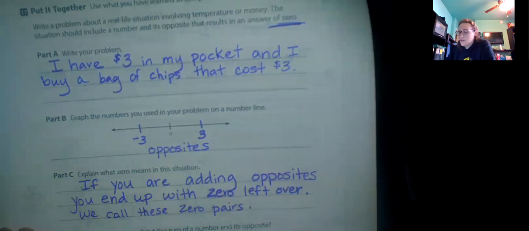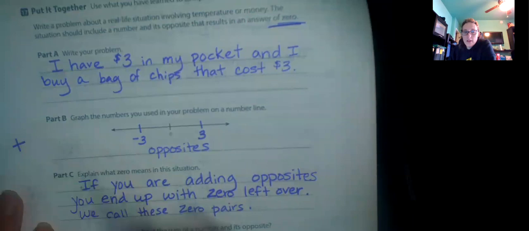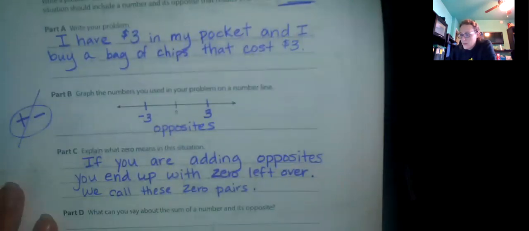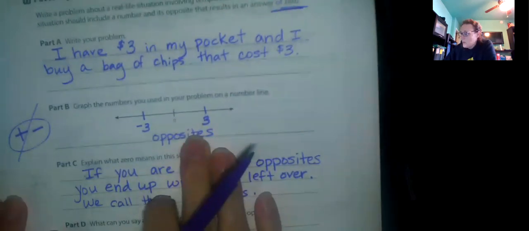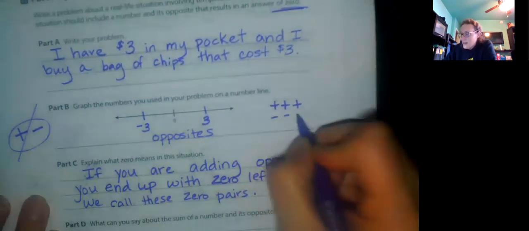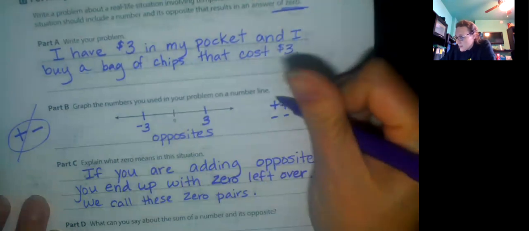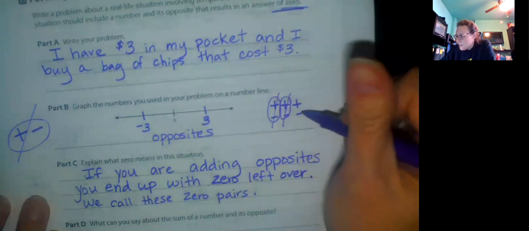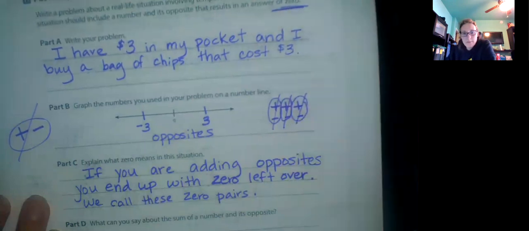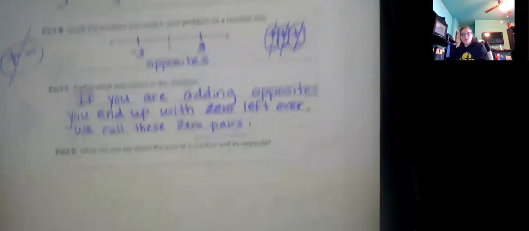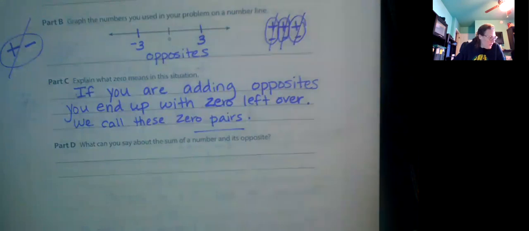Okay, we call those 0 pairs. So if I have one positive and one negative, then they cancel out and become 0. So in the case of this problem, if I have 3 positives and 3 negatives, cancel out, becomes 0. Cancel out, becomes 0. Cancel out, becomes 0. Okay, 0 pairs. 1 positive with 1 negative. Okay.